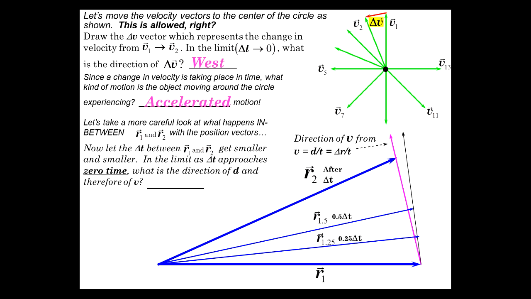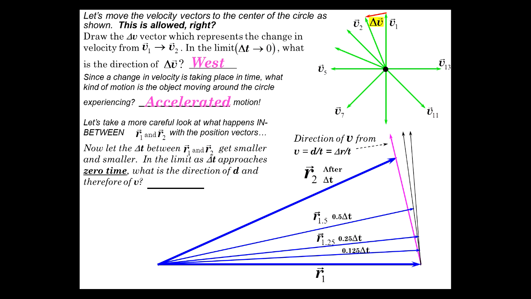Let's split the difference again. R sub 1.25, or a quarter of the time. And notice again that the tip of the arrow is out here. So when we connect across from R1 to R1.25, we're getting closer and closer, as you can see, to being perpendicular to R1. Let's do it one more time.